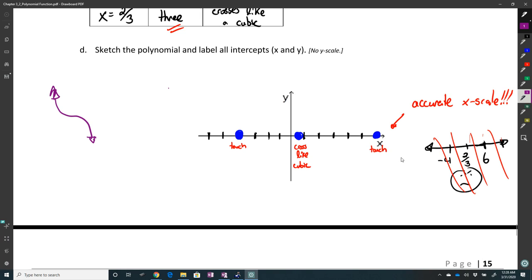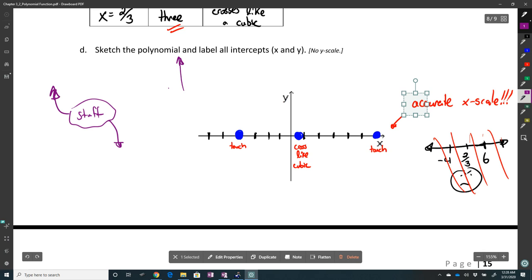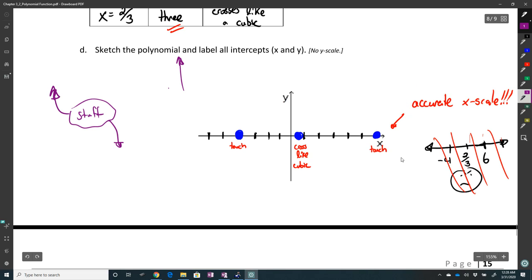Or let me draw it better. There's going to be stuff, which are the x-intercepts. And then it's going to go down that way. So that means that my graph is going to be going upwards up here. And let me erase all this.